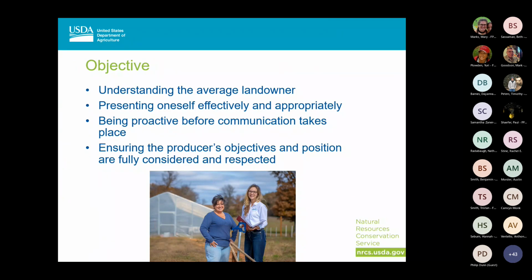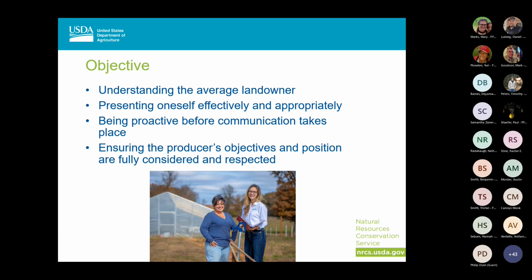So today's objective, we're going to go over understanding kind of the average landowner. We'll look at some demographics data, how to present oneself effectively and appropriately, and being proactive before communication even takes place, and ensuring that the producer's objectives and position are fully considered and respected.